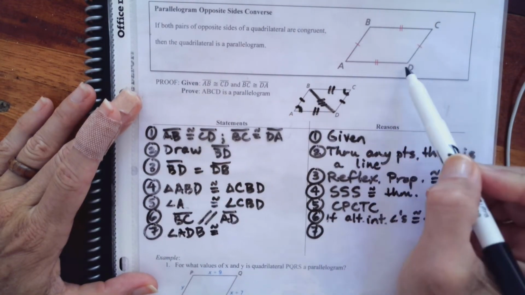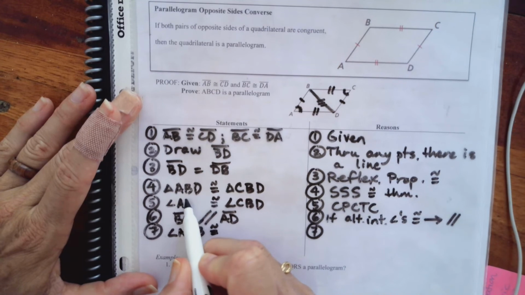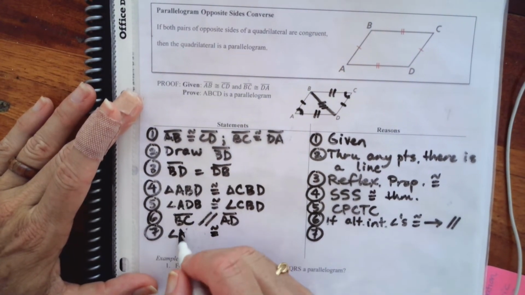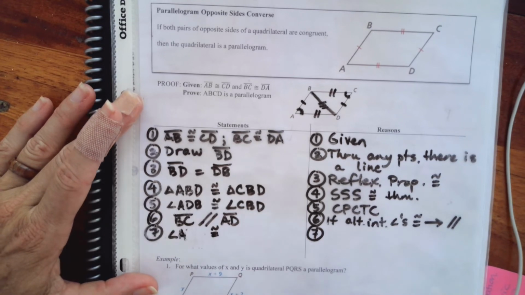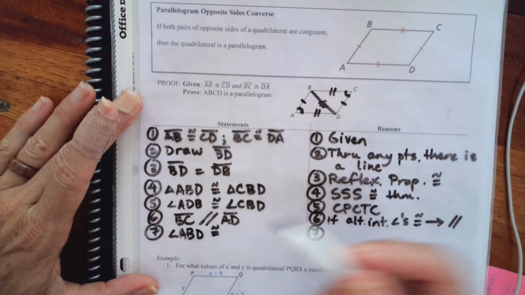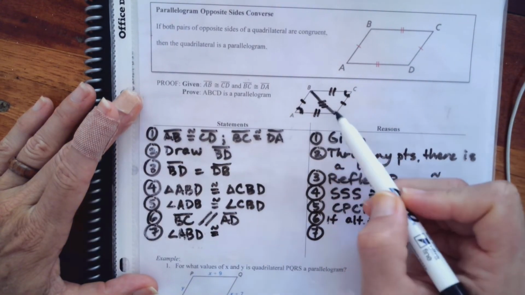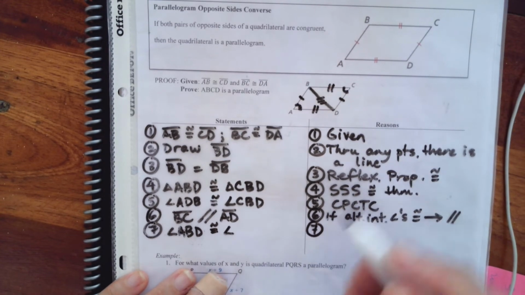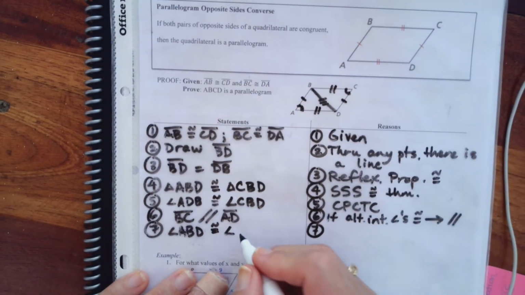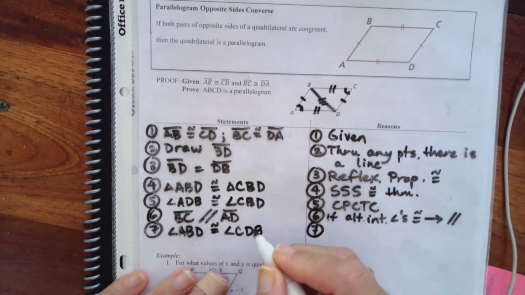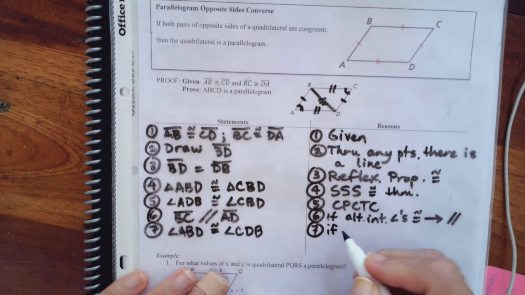So CBD, so this is ADB. Yeah. Sorry about that. We all make mistakes. That's why I love pencils. ABD, that's why we have to be careful about how we write it, is congruent to CDB. Okay, now I'm good. CDB, and that's the same reason.